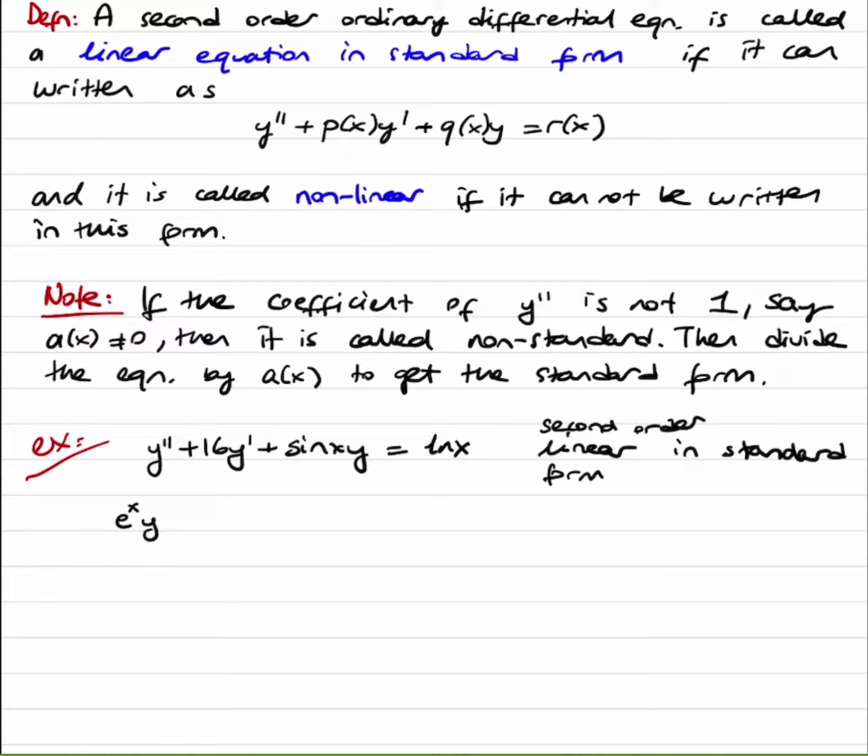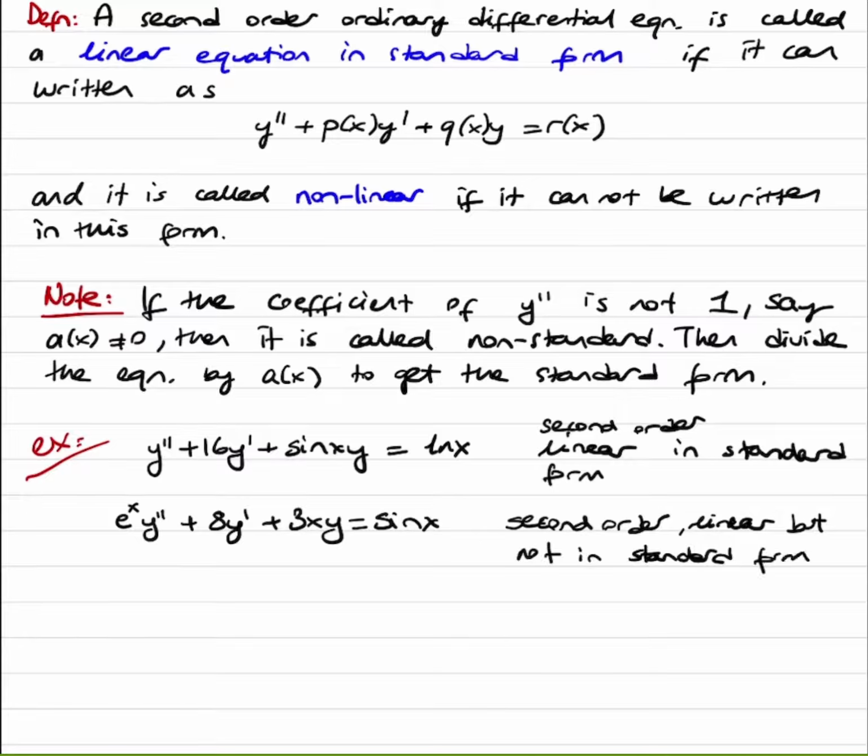Let's say we have e to the power x y double prime plus 8y prime plus 3x y is equal to sine x. This is second order linear, but not in standard form. But we can divide by e to the power x to get the standard form, because e to the power x is never 0.